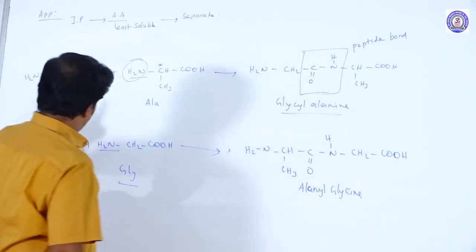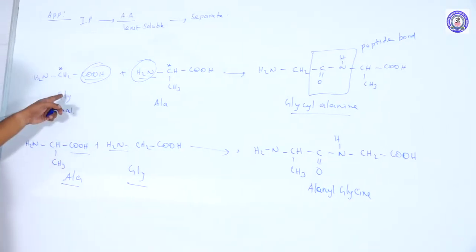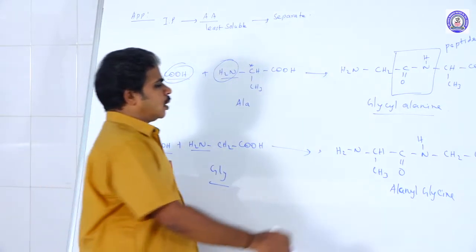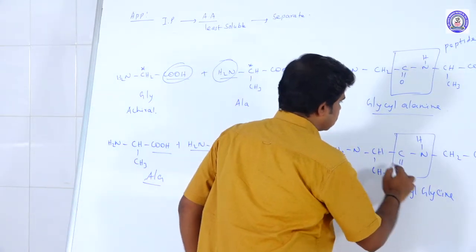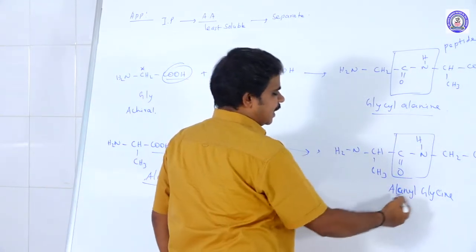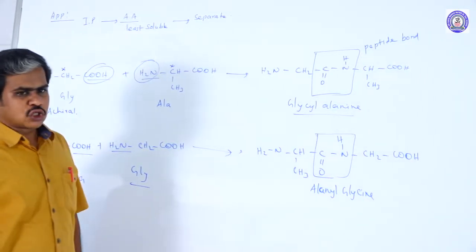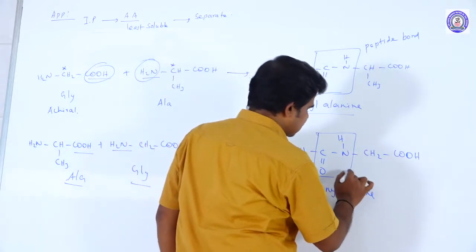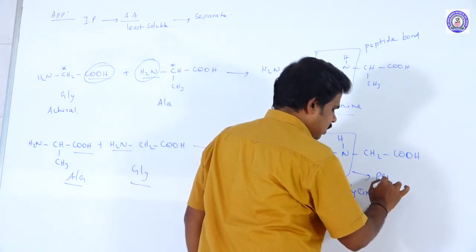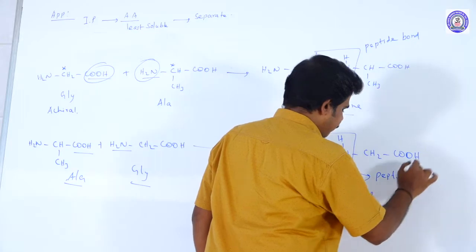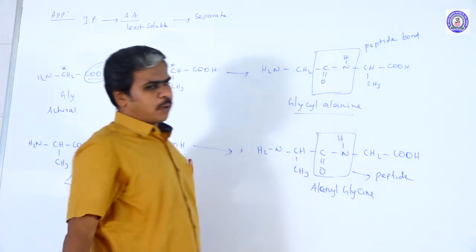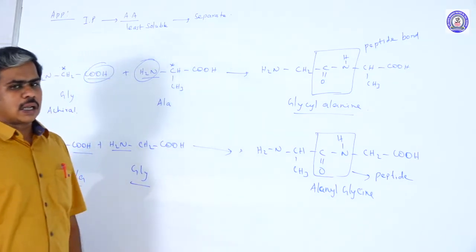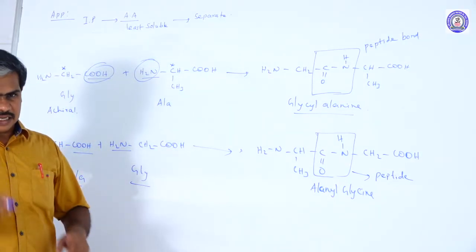So, with two amino acids, glycine and alanine, two peptides can be formed: one is glycylalanine and the other is alanylglycine. This is also a peptide bond. So these two possibilities are possible, and these are called a dipeptide.